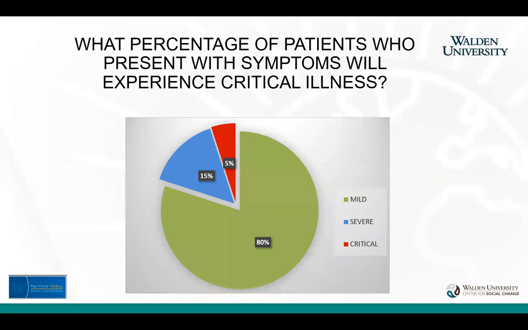But critical cases are that 5% of symptomatic cases who actually do experience severe respiratory distress. And most critically ill patients, which is the question you're asking, will suffer from what we refer to as acute respiratory distress syndrome, or ARDS for short.